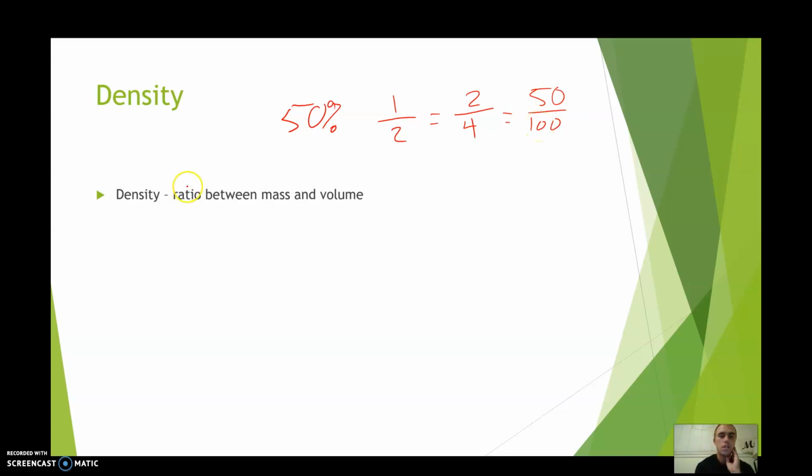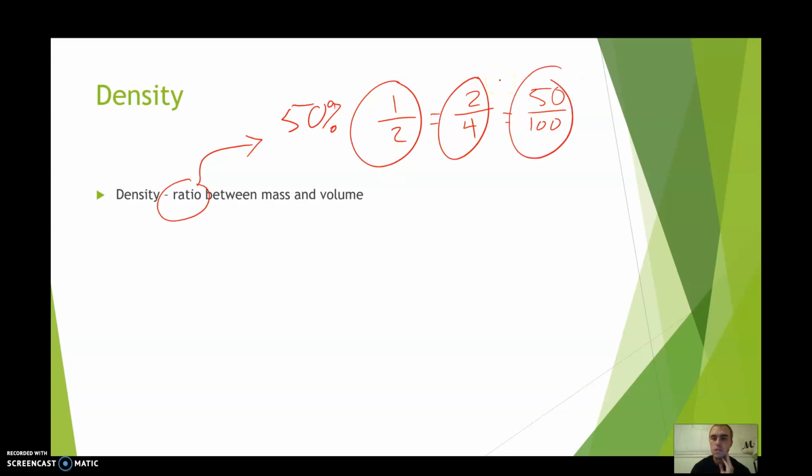Okay, so this ratio of 50% doesn't change no matter what these top and bottom numbers are. The ratio is always going to be 50%, or 1 to 2. There's several different ways that we can write out ratios, but the ratio stays the same.